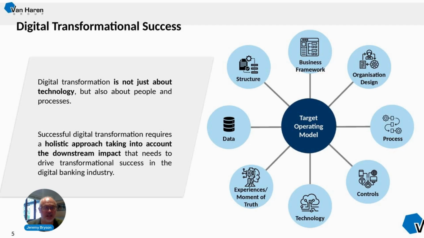So this can be done at the bank level, at the overall digital bank. It can be done at subject matter level, like risk, finance, or operations, and it can be done at a micro level as well. Even if you're dealing with a micro level operating model, you need all of these factors thought through. They're anchored around a business framework, so something the organization wants to achieve.